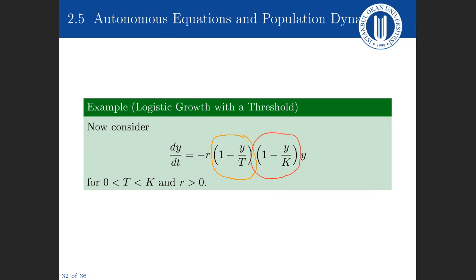That's 1 minus y over K. We have our y on the end. We have our constant r. And just to make everything work, and I'll leave this for you to think about, we put a minus sign in it, just so that the behavior is right.